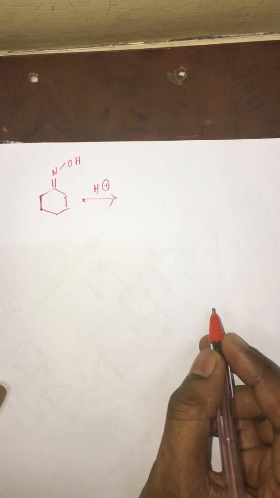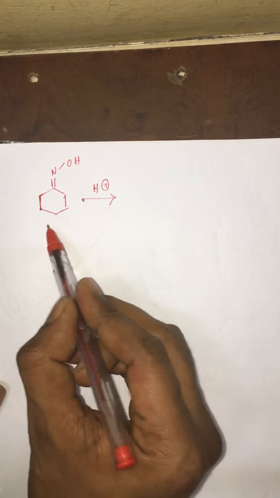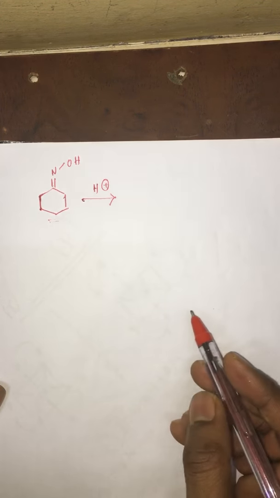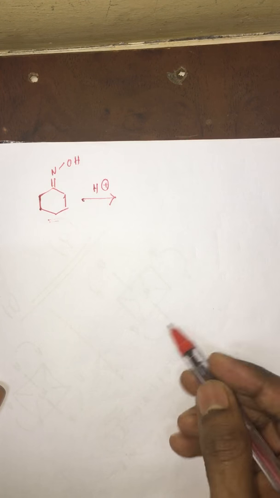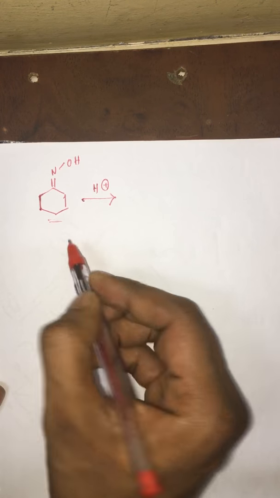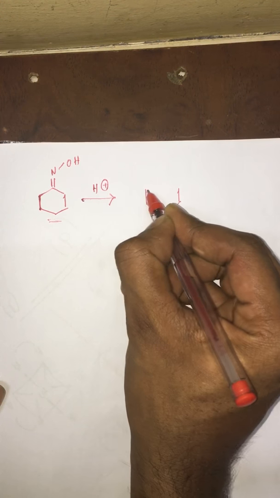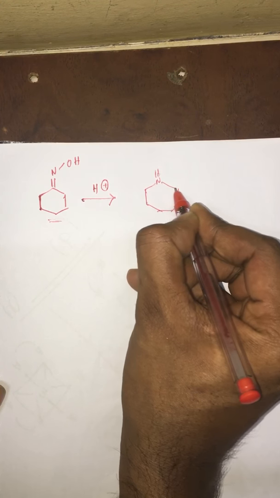We don't need to go for mechanism, okay, because we have already done it. So here 6-member ring is there. As we know that in case of cyclic oximes, ring expansion takes place, that means a 6-member ring will get converted to a 7-member ring, and which forms amides.